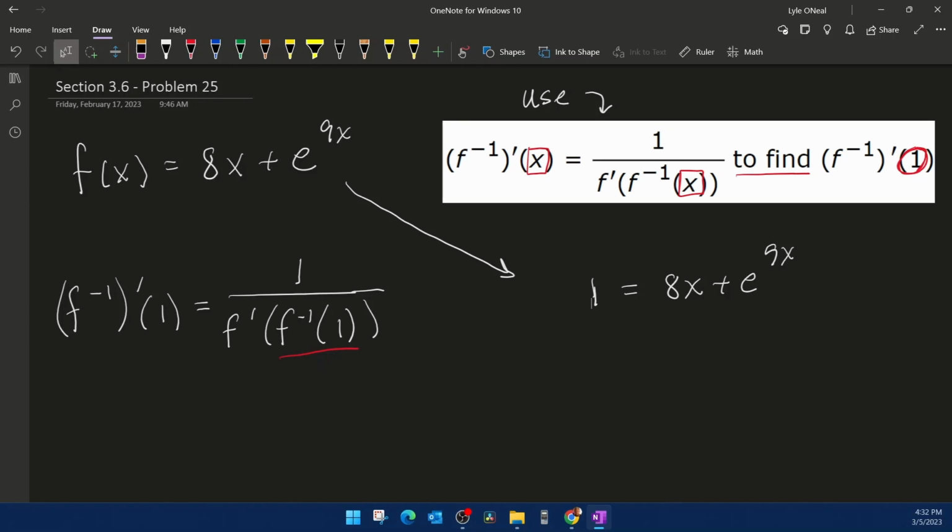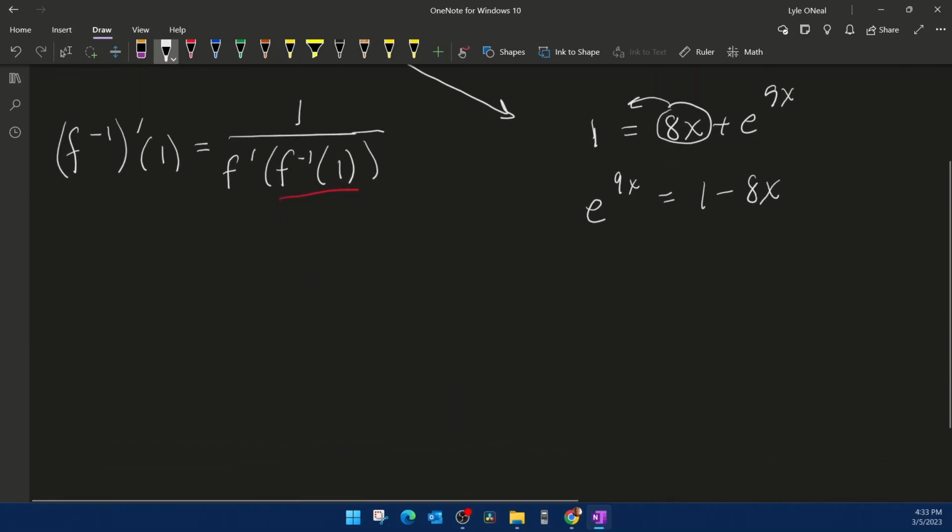Now, solving this equation for x may be tough and may require technology. But here's what my instinct tells me to do. It's to move the 8x over so that we can isolate the exponential piece. And that would give us e to the 9x equals 1 minus 8x.